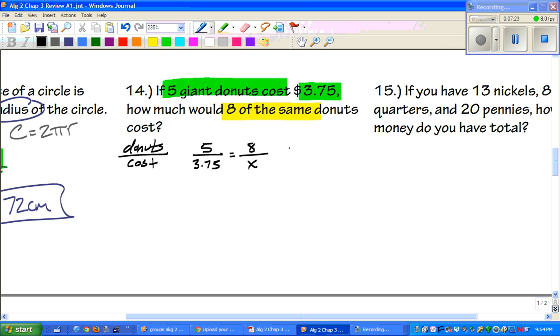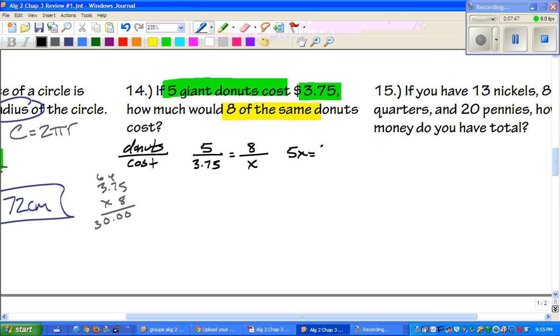If you do it that way, you're going to get 5x equals 3.75 times 8. 8 times 5 is 40, 8 times 7 is 56, plus 4, 8 times 3 is 24, plus 6 is 30.